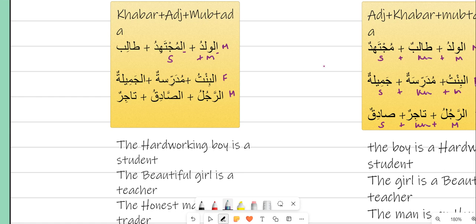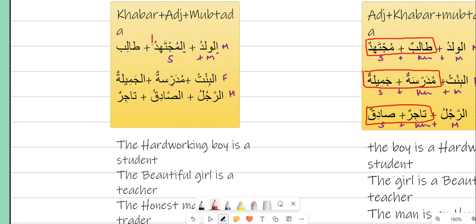Let me take a different pen. You can see the mirror image of Talib and Mushtahid, Mudarrisatun and Jamilatun. It's a mirror image. Tajirun, Sadiqun. And now you can see the mirror image Al-Waladu, Al-Mushtahidu.